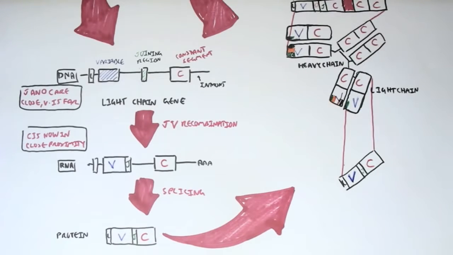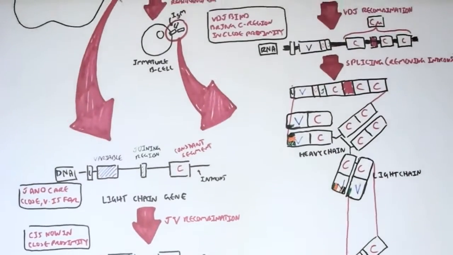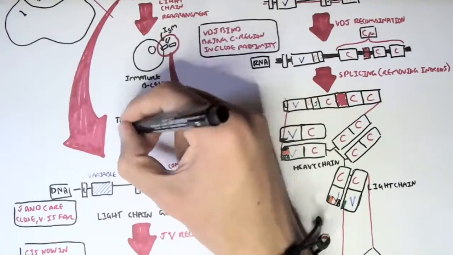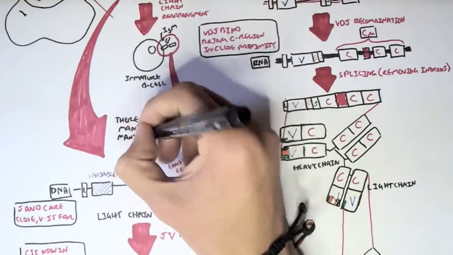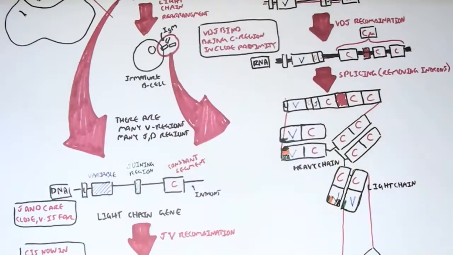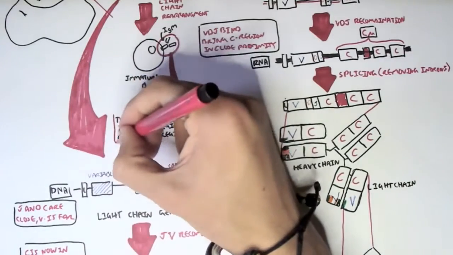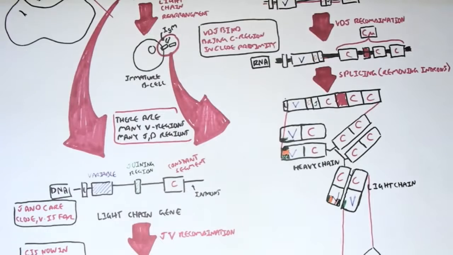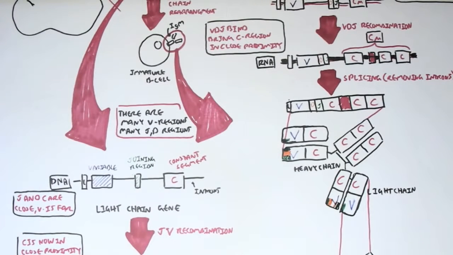Now, as I've mentioned, we don't only have one variable region, even in the light chain, one joining region or one constant region. There are actually many V regions, many joining regions, many diversity regions. And so all this mixing up between the V, D, and J will make a unique antibody. Not only that, during somatic recombination, new nucleotides can also be added to increase the diversity and specificity of these antibodies.